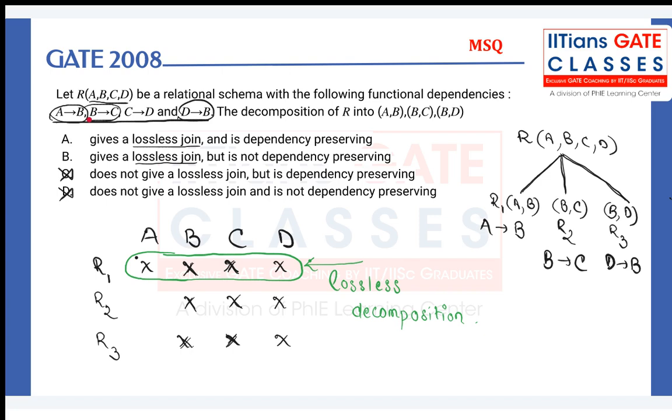If I join these three dependencies, let's say I join it, and what do I get? I get A derives B, I get B derives C, I get D derives B. Is it possible to get C derives D after joining?